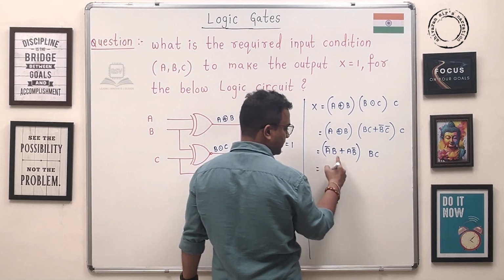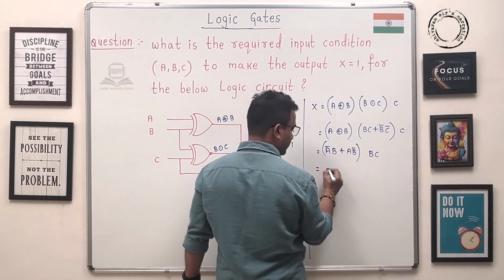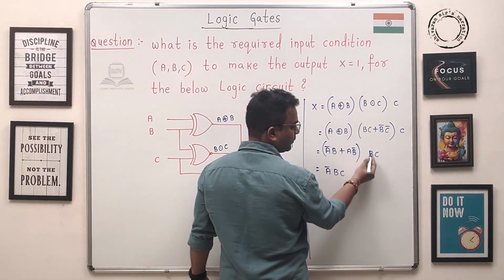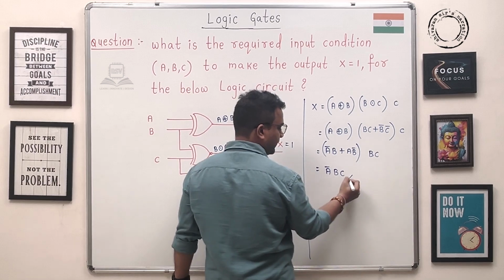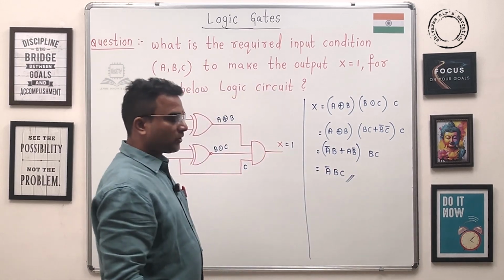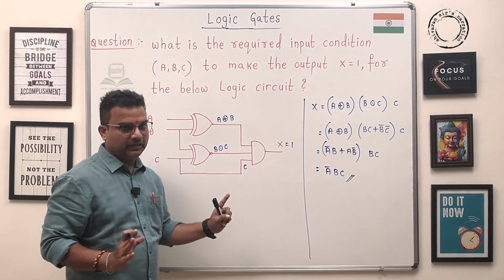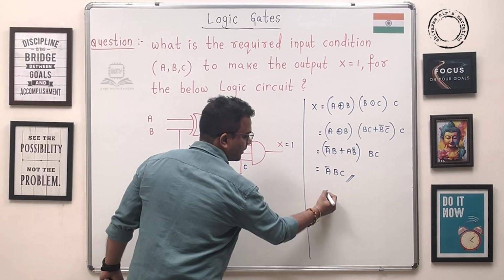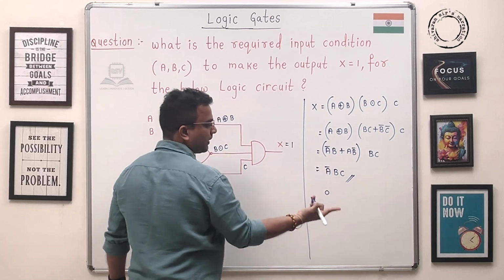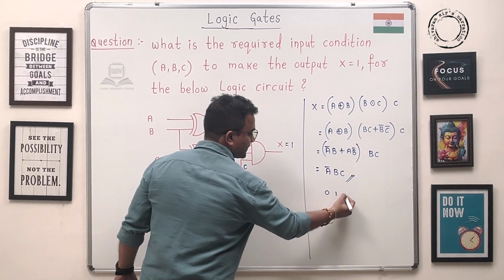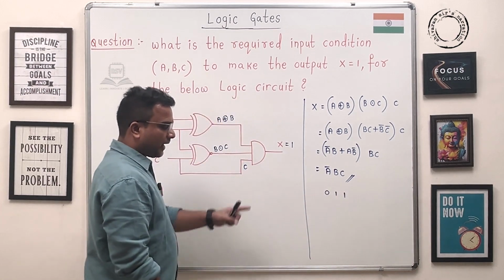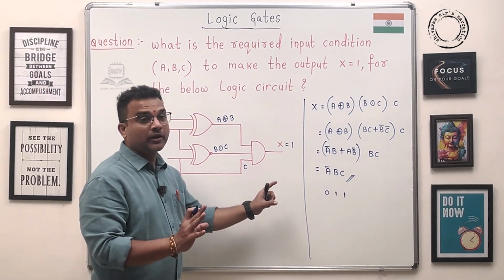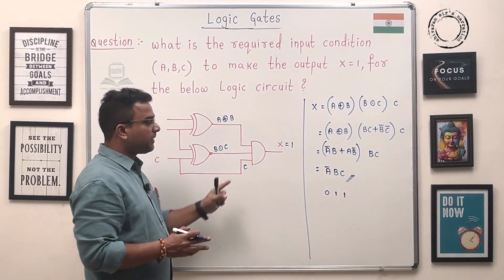Hence A bar BC, A bar BC, again B into B bar is 0, then it is A bar BC. So the output expression is A bar BC. Now here, if A = 0, so that A bar is 1, B is 1, C is 1, then obviously the output will be 1. For this combination only, the output will be 1.